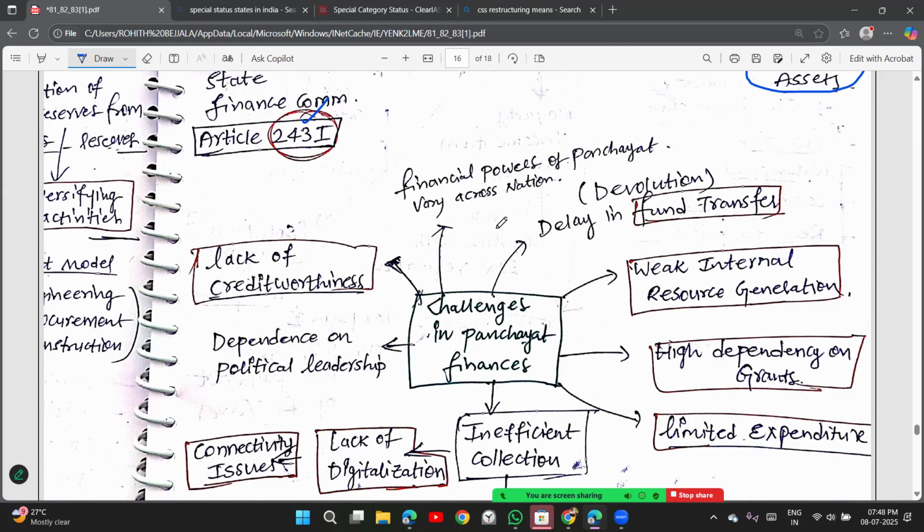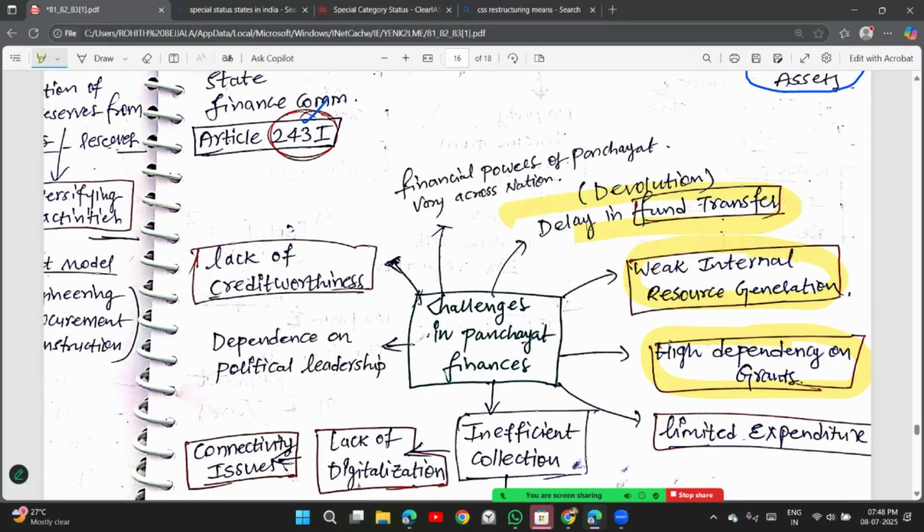So what are the challenges? Panchayats have very limited resources, so they are highly dependent on grants from the state government as well as the central government. But the problem is that disbursement of funds is not happening properly. There is weak internal resource generation, delay in fund transfer, and poor creditworthiness.